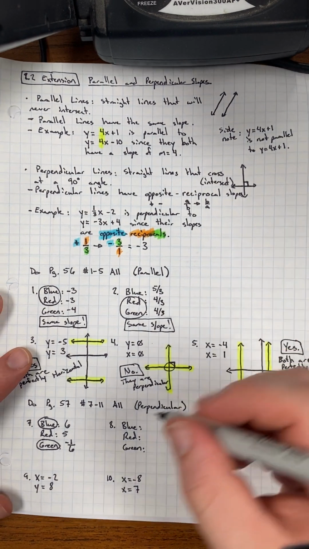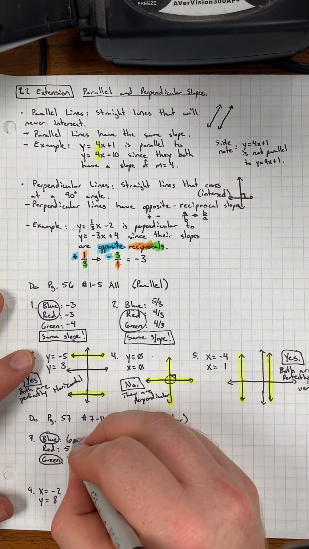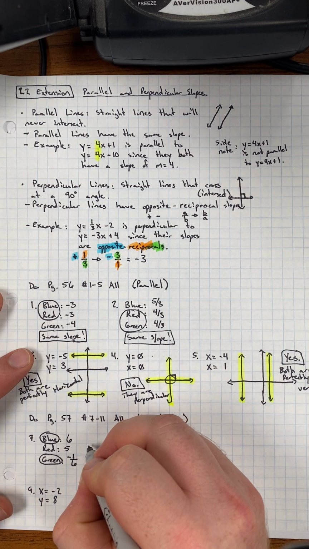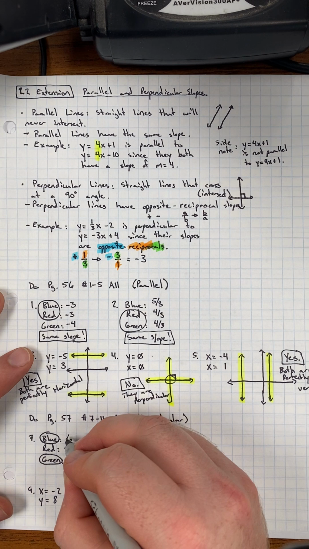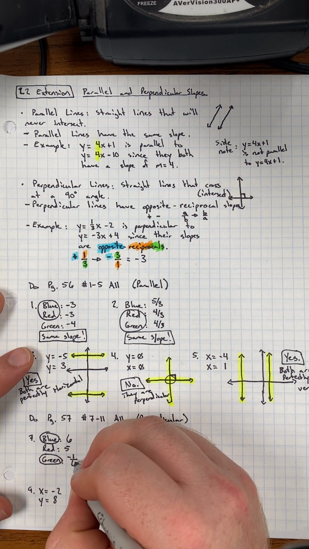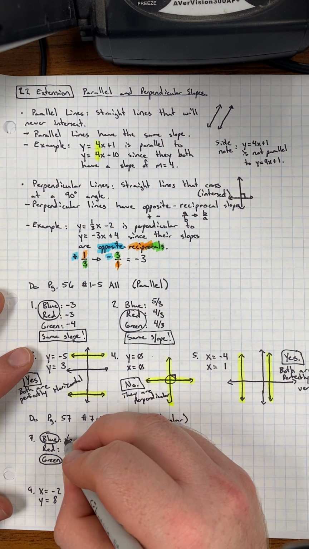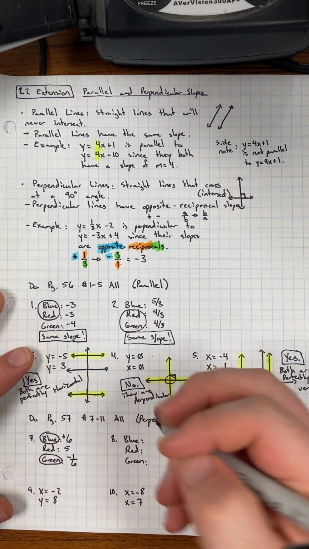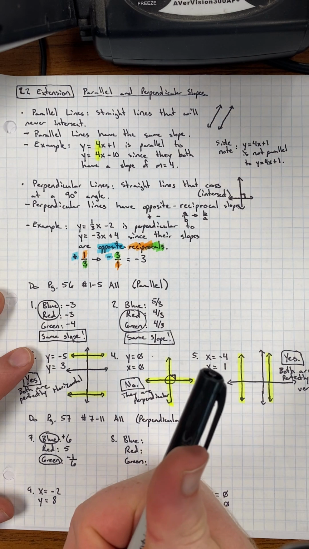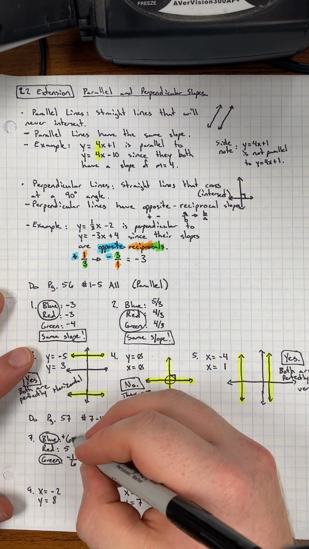opposite reciprocals? So if I'm taking 6 and I'm trying to change it to an opposite reciprocal, I'm going to check. Does 6 have the opposite sign from -1/6? Well, this is a positive number, and this is a negative number, so yes, it meets the opposite, right? What about reciprocal?